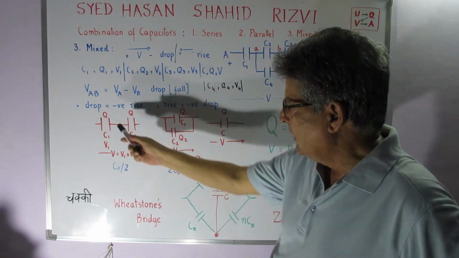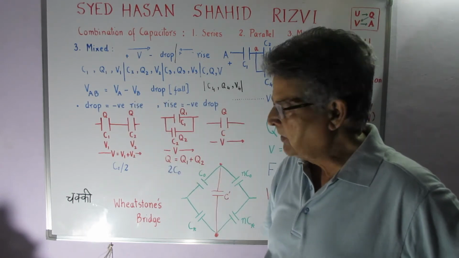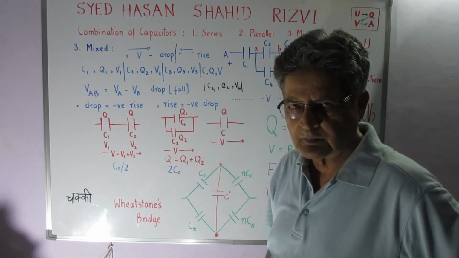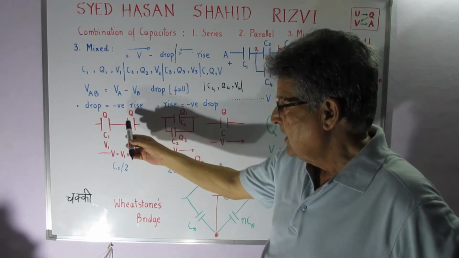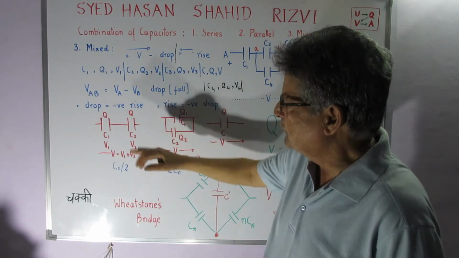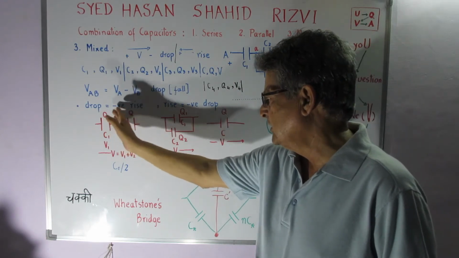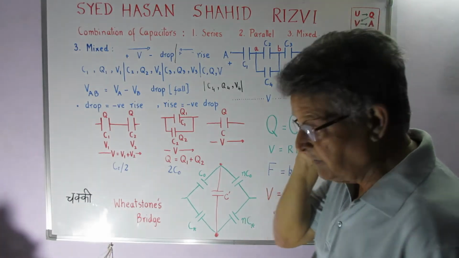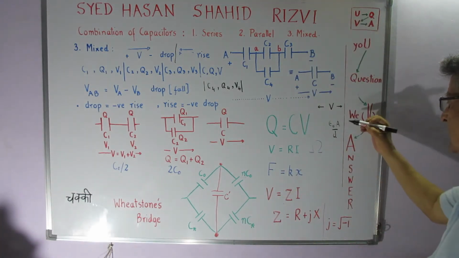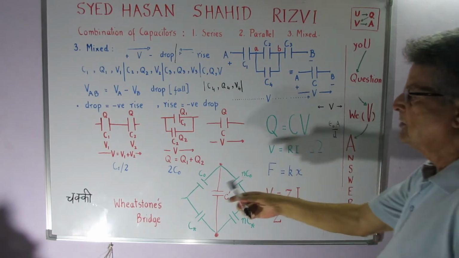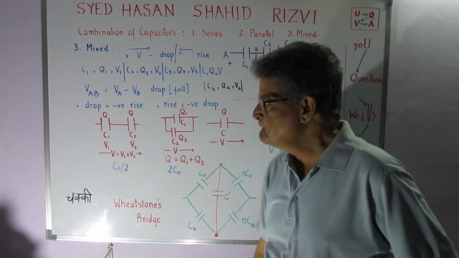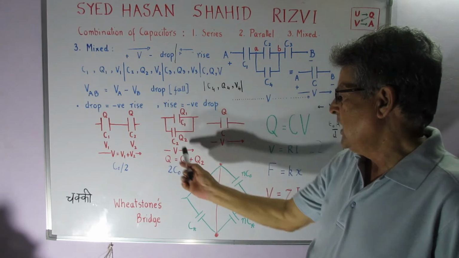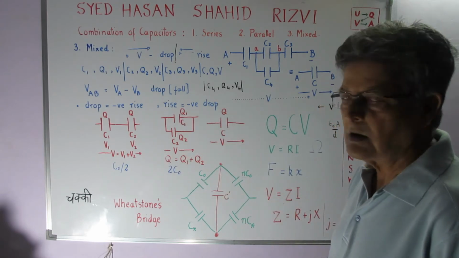So all these metallic points must have the same potential, and therefore I can even remove that part, bring it here, and the D value will double. So when the D value doubles, look here, epsilon naught A upon D, D doubles, so the value becomes equal to C naught by 2. Okay. So there is now more clarity for the series and the parallel combinations.